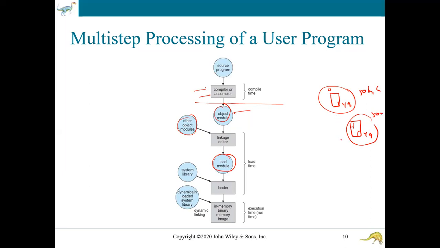When you link them together, it will be a load module, which is an executable module, right? So the load module is starting from 0 to 99. So this is 100 bytes. You're putting them together into one piece.